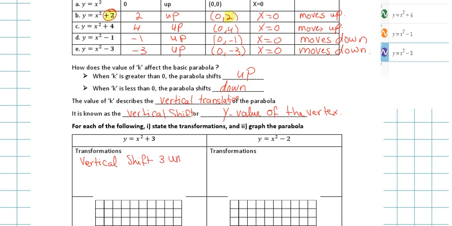Another word that you can use is vertical translation instead of vertical shift. But that's it. Vertical shift 3 units up. We don't need to write more. That's all the transformation that I have for x squared plus 3. Can you rearrange these words? I wrote vertical shift up by 3. That's fine, same thing. I'm going to stop the recording right now.